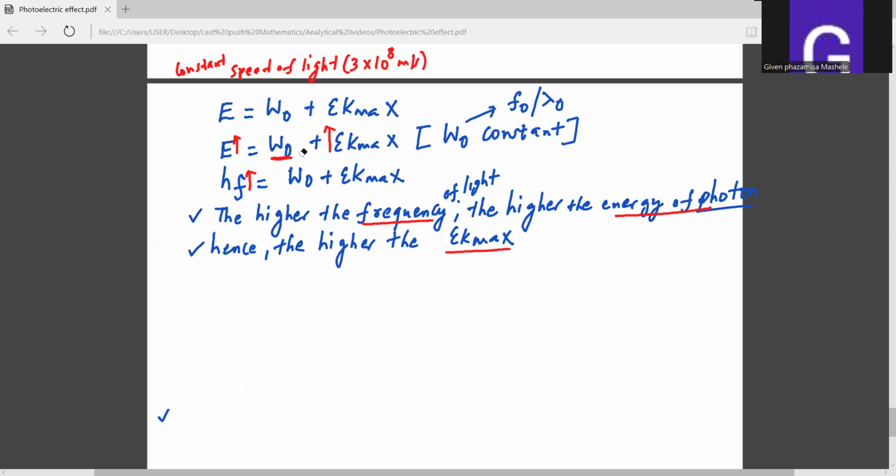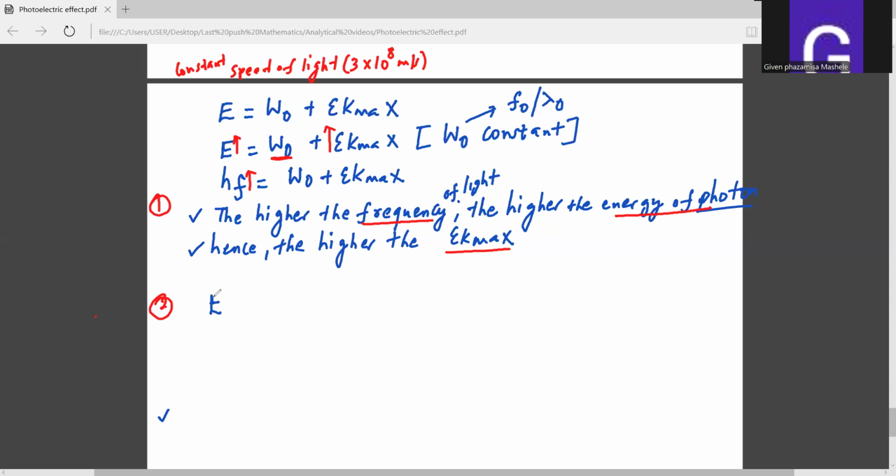Now, remember, I'm assuming that we have kept the work function constant. Let's now compare work function and EK maximum, assuming that we are dealing with where the E is constant. This is the first condition. The second condition, let's now compare work function and EK maximum.